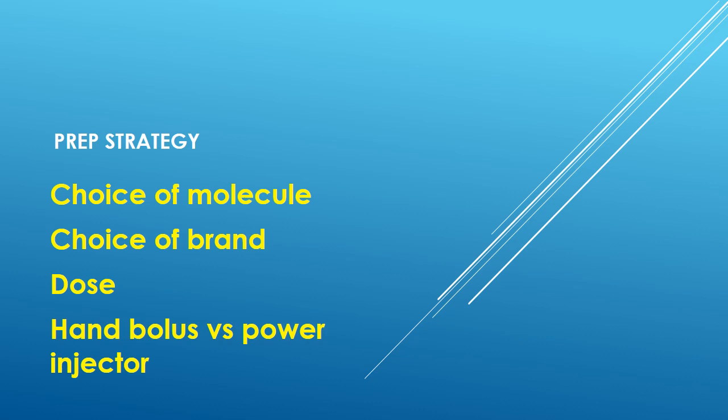So what is a preparation strategy before you give or decide to give IV contrast? What is the choice of molecule that you will have? What is the choice of brand? What is the dose that you're going to give? And whether it is a hand bolus injection or whether you're going to use a power injector.